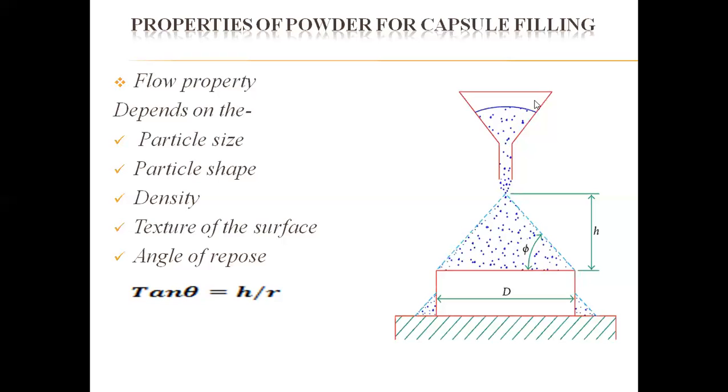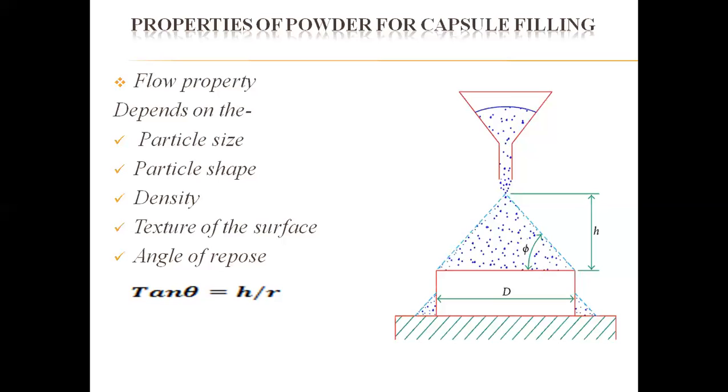a mass of powder is allowed to form from a certain distance over a horizontal surface, and here the pile of powder forms a certain angle. That angle can be symbolized as theta or phi.